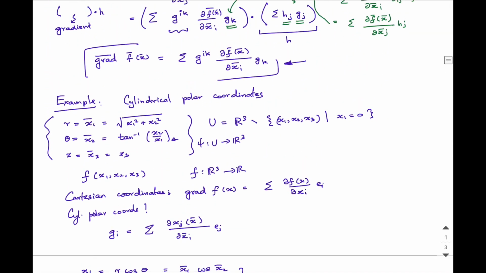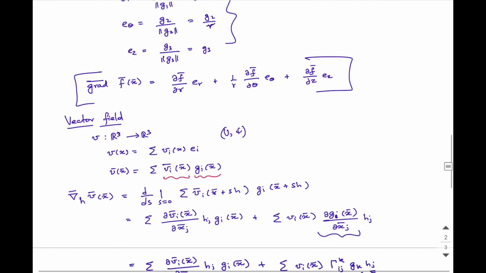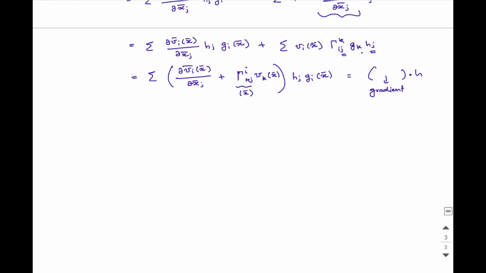You see this term over here, there's a g superscript ik, exactly a term of that form will appear over here. So this is going to be the inner product of something dot the h_j, so let me write it as h_j g_j.